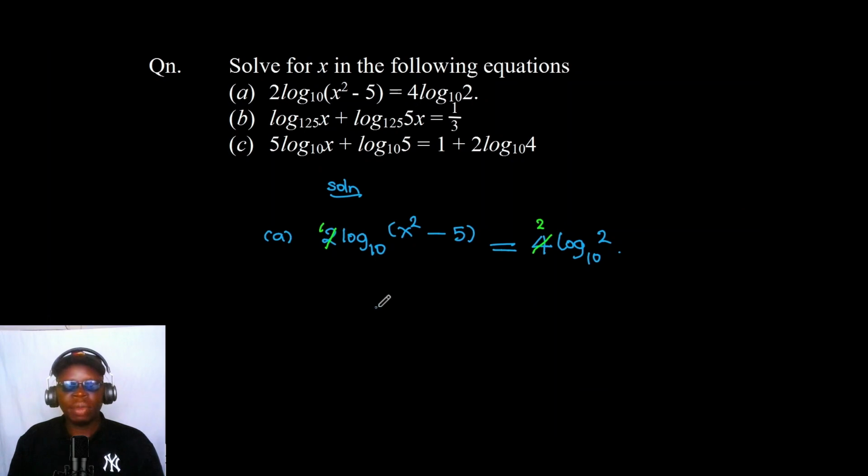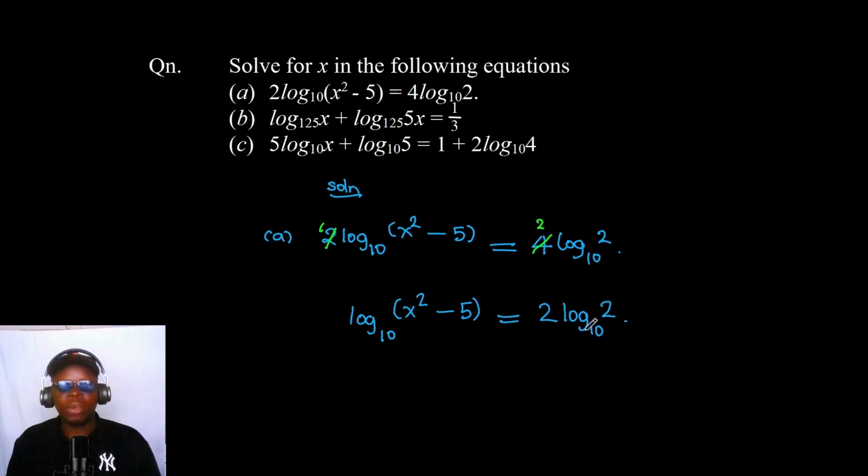And we rewrite the remaining terms, and we have here logarithm to the base of 10 of x square minus 5 equals 2 log to the base of 10 of 2. Now here we're going to use the power rule of logarithm to raise this number that multiplies the logarithm.